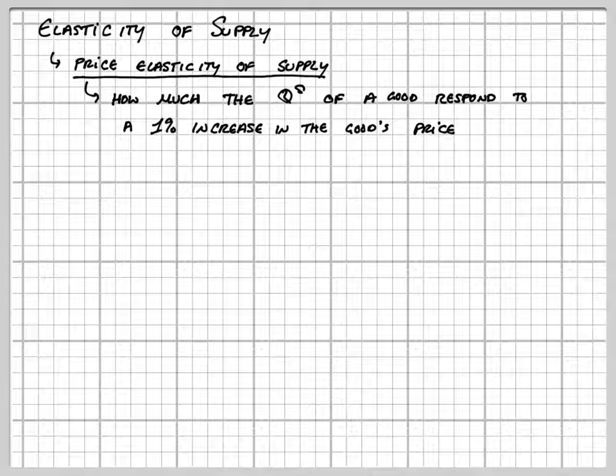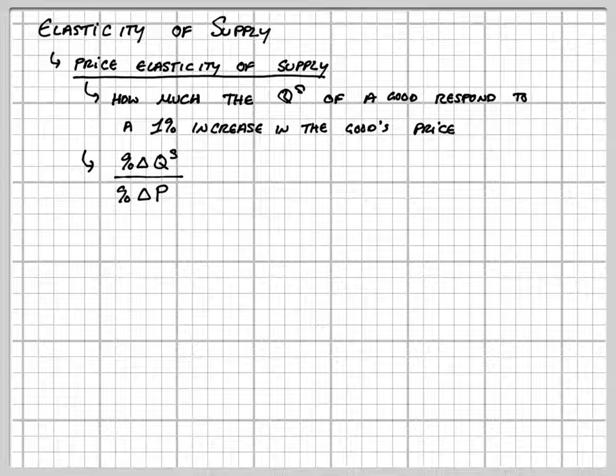So, the price elasticity of supply is the percentage change in quantity supplied divided by the percentage change in the price. All elasticities look the same. Its value largely depends on the flexibility of sellers to change how much they produce.